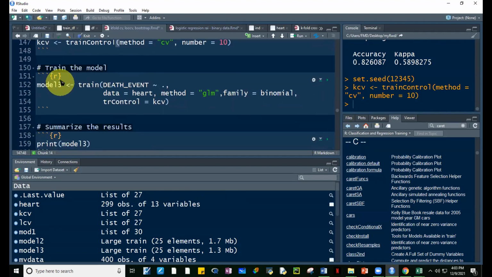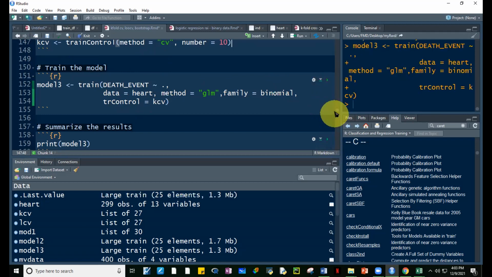Okay, and then create now model number 3, pareho din, data is equal to heart, method is equal to GLM, family binomial. Train control natin ngayon will be KCV. Nasa taas, we run this, and then we print model 3.